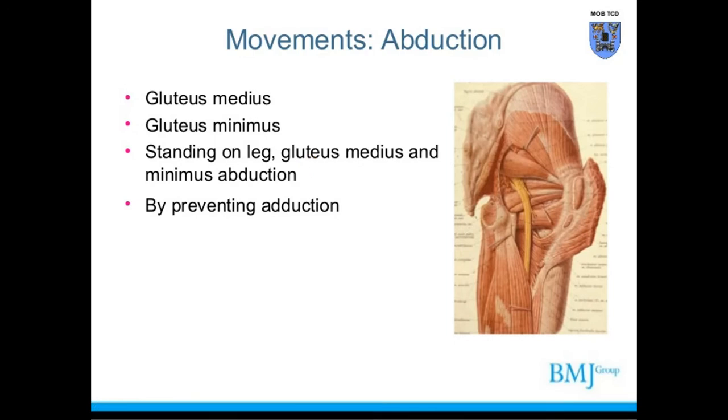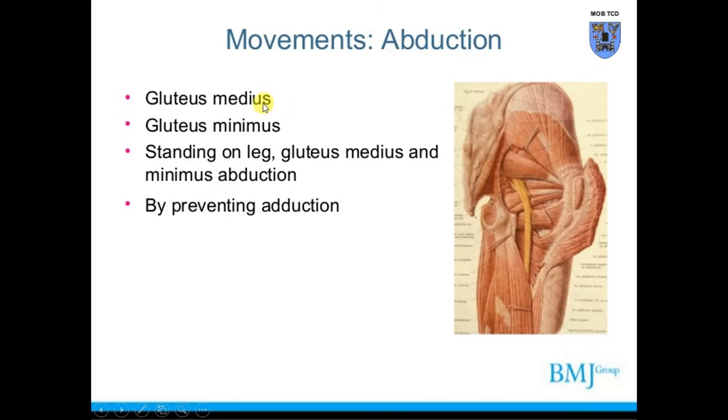Abduction is very important. Abduction is by the gluteus medius, the main muscle. Then there is the gluteus minimus. Standing, gluteus medius and minimus produce abduction by preventing adduction. They prevent the adduction, and during standing they play a very important role.